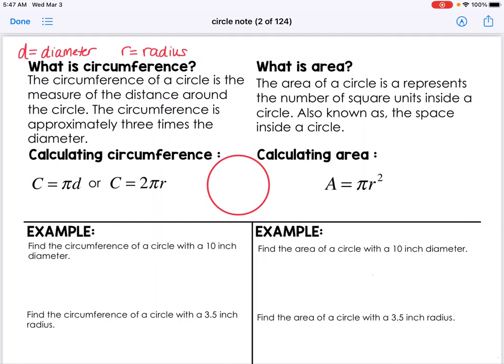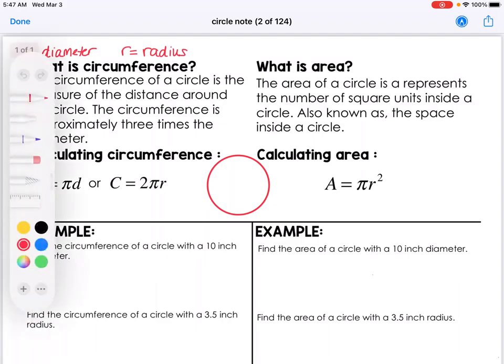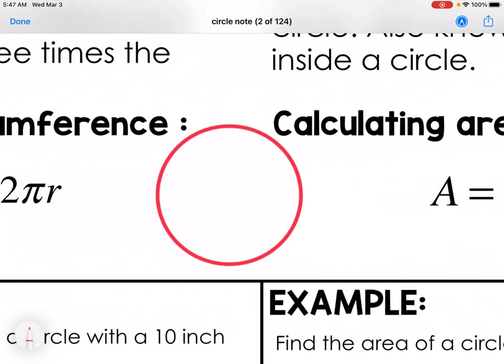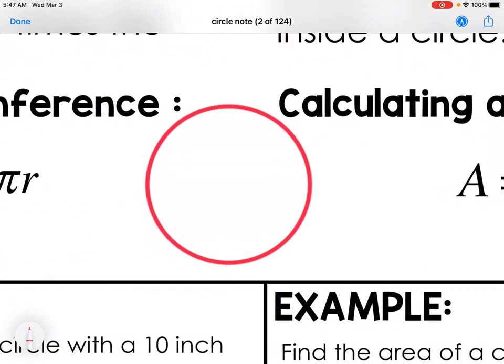of that circle. The diameter is the distance all the way across the circle through the center. So if this is my center point, then the diameter has to pass directly through the center and go all the way across.